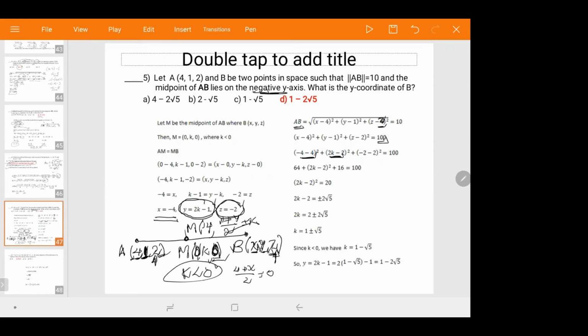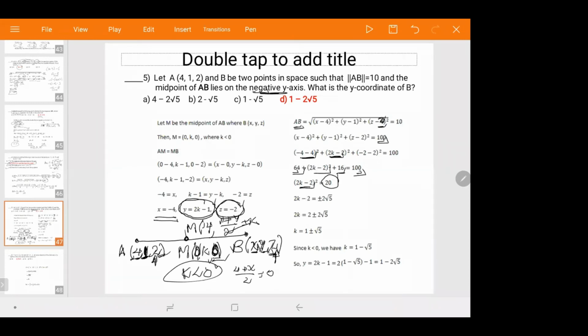Now this is negative 8 squared, which is 64, and negative 4 squared is 16. So (2k minus 2) squared equals 100 minus 80, which is 20.